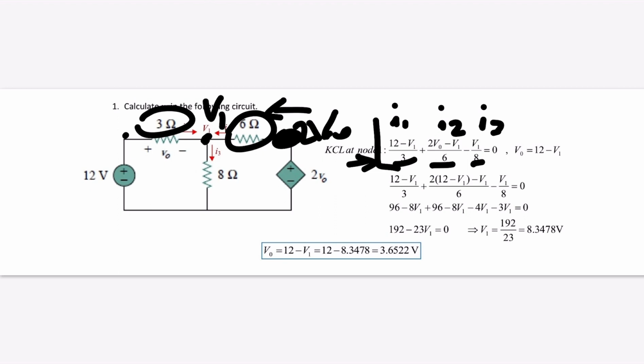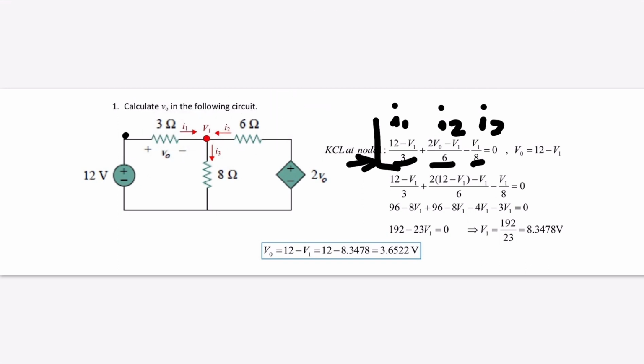Once we get that, we are done with the notation for I2. From the equation, we have minus I3, so I'm going to keep the negative sign. What is I3?